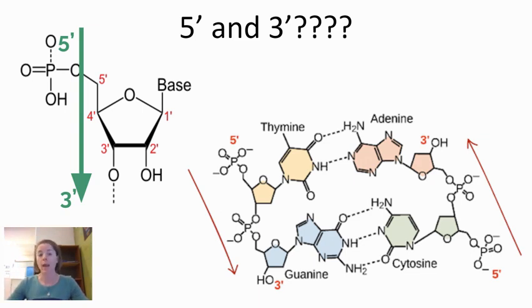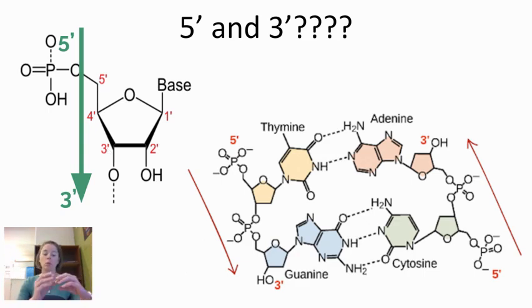How we figure that out is off of that pentose sugar. We actually number all of it. So the part where the base pops off of it is called the first prime carbon. And we go all the way around, and then that carbon that pops off of the other end of it that I talked about in the very beginning, that is the 5th pentose carbon, and then there's a 3rd pentose carbon.